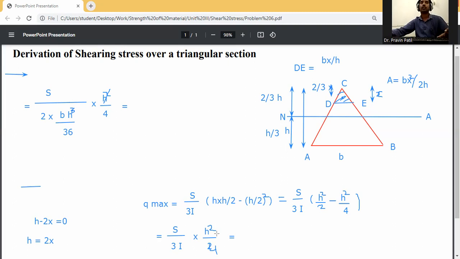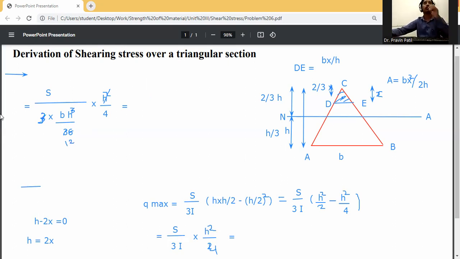Sorry, this one is 3 value, 3I. So 3 1 the 3, 3 it will be 12. Okay. So 12 by 8. 4 3 is the 12.